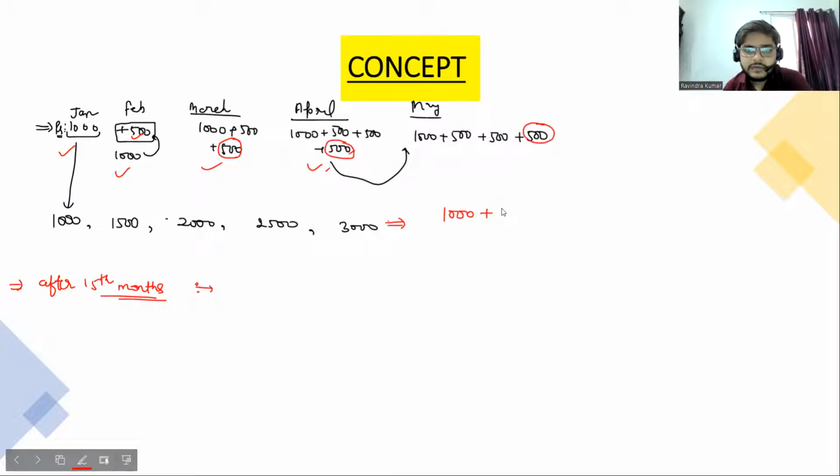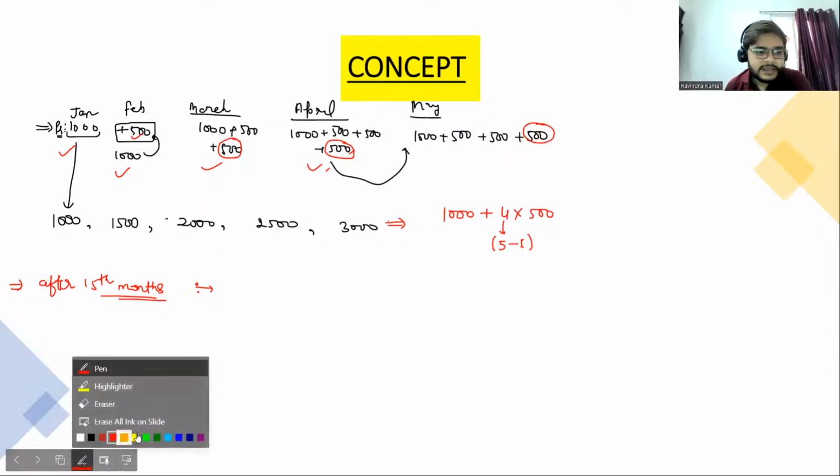So 4 times, or you can say 4 into 500. This 4 is nothing but 5 minus 1, where 5 is the total number of months we have to calculate the value for. Got it or not?